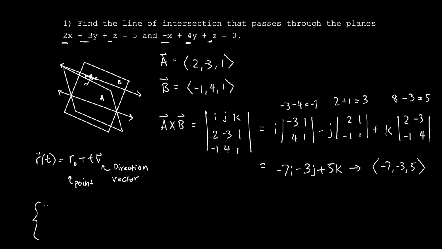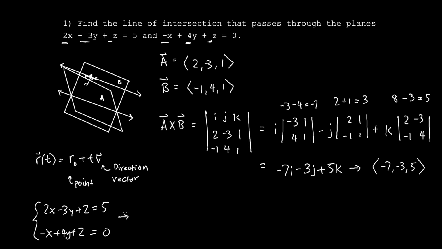So a system of equations where 2x minus 3y plus z equals 5 and -x plus 4y plus z equals 0 would give us a value in which both the top equation and the bottom equation would have the same point, because we want to find one point.